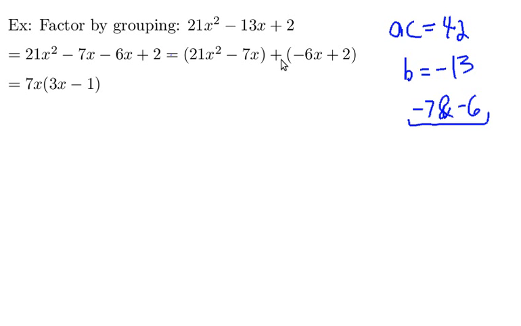Now I'm going to factor out a negative 1 because I want to get this in the right order. I'll make this a negative, and that will make this into a positive and this into a negative. So it'll look something like this.